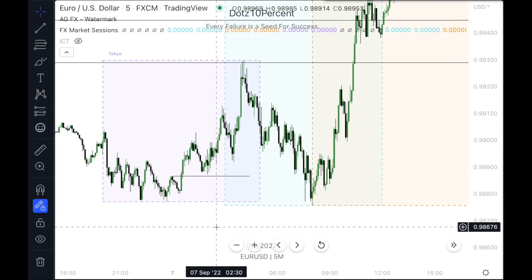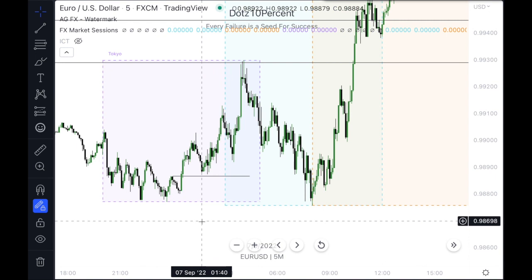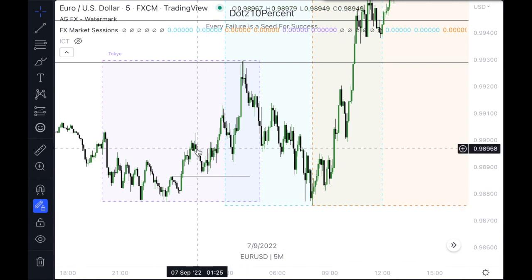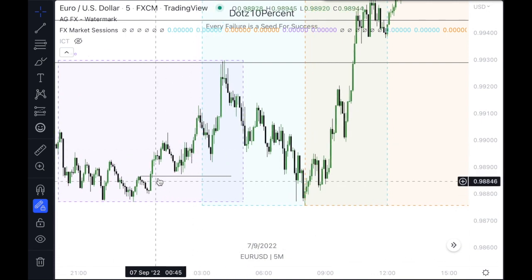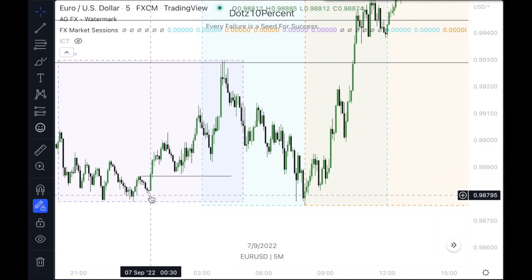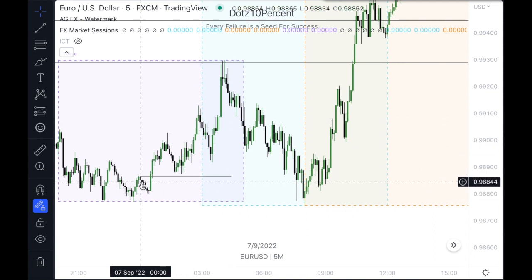So now we came into the day with a plan, and this plan had a lot of logic and reasoning behind it. So this is why it worked out so well. As you can see, we started with this bullish move. New York midnight price sat here.